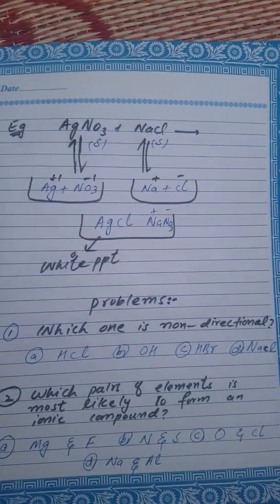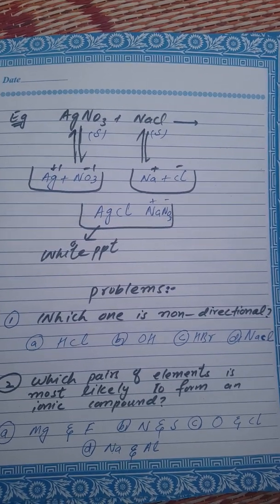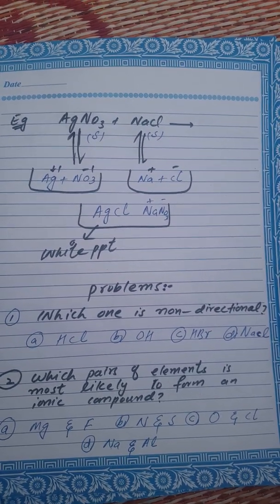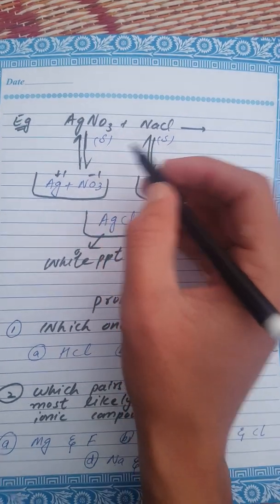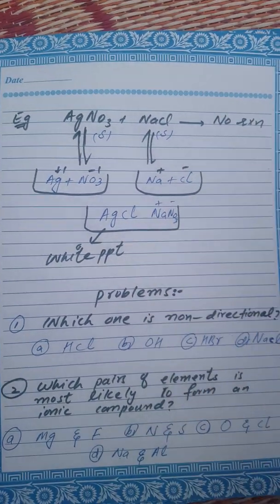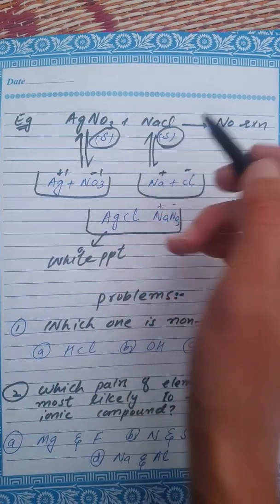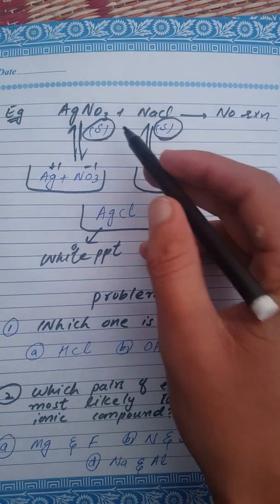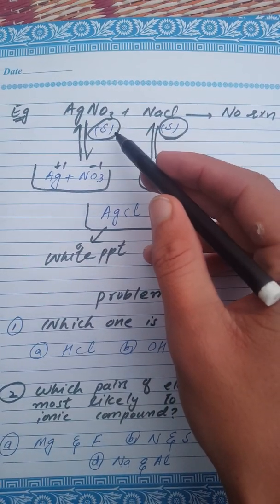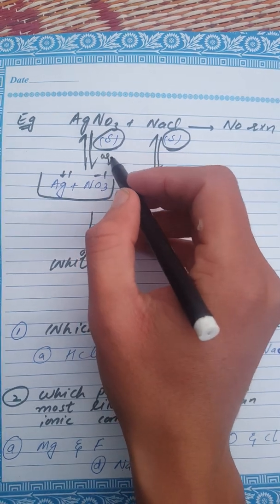Now for example, we have silver nitrate and sodium chloride. When silver nitrate reacts with sodium chloride, what will form? This reaction is not possible. No reaction will occur. Why? Because these are ionic, and we said that they do not react in solid state. So first of all we make their solution.